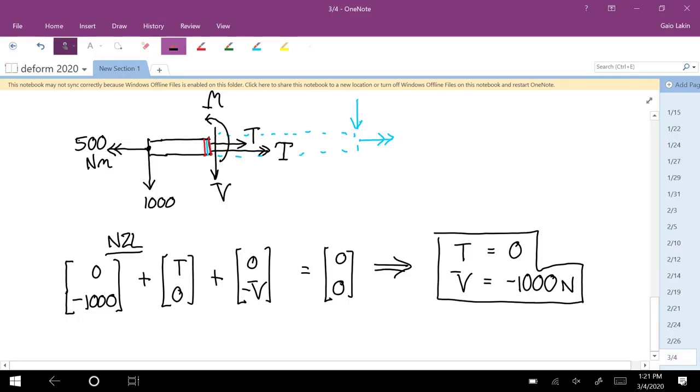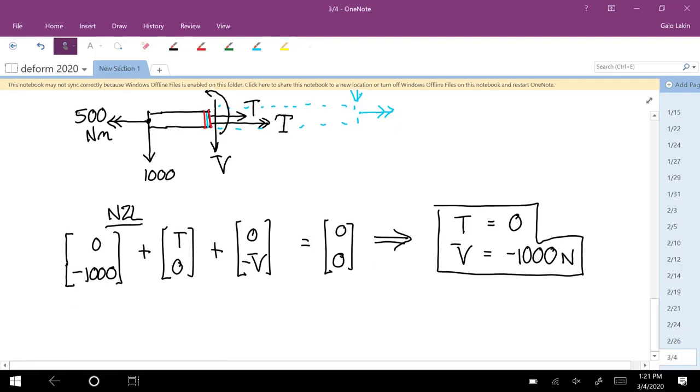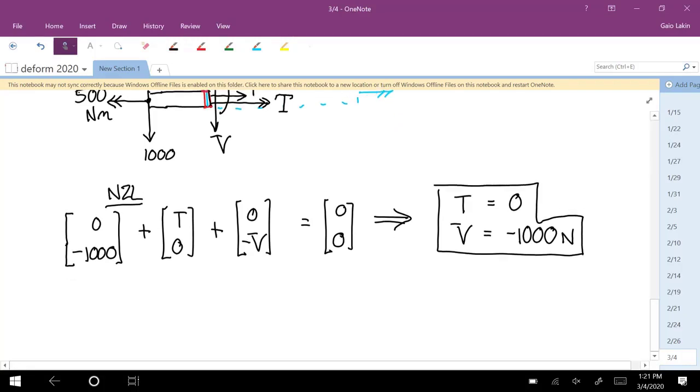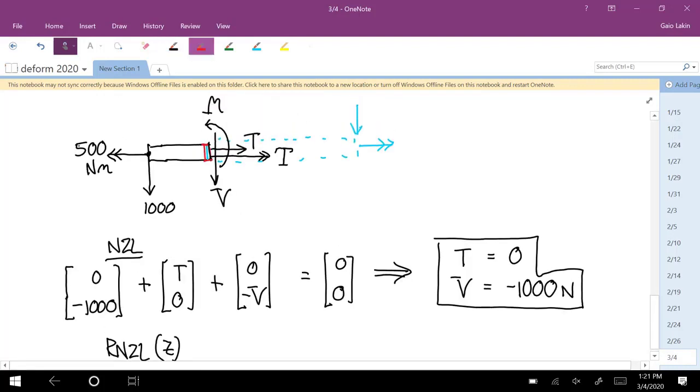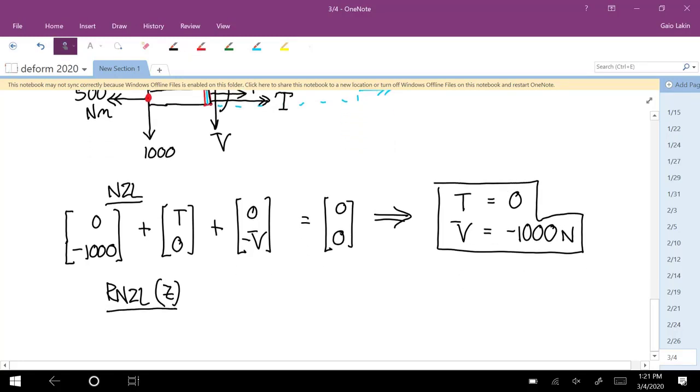And now we'll do the moments about the, let's do the z-axis first. So we're using the rotational Newton's second law about the z-axis. And our about point is going to be this. It always is, all the way at the left end. It doesn't have to be, from statics it could be any point, but this is just going to make the math a little simpler.